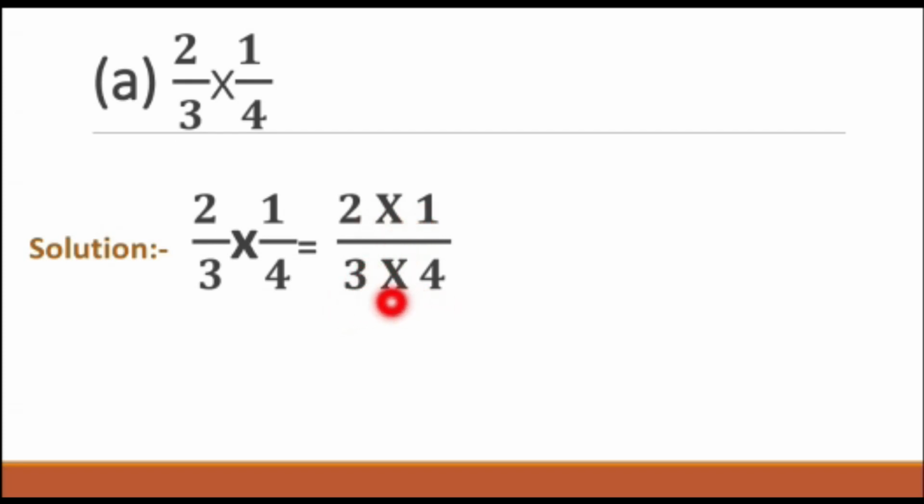So first we need to see that here 2 and 4 can be divisible. So we need to divide this, okay, by 2. So we can see that 2 ones are 2 and 2 twos are 4, right. Now we will multiply directly. So 1 ones are 1 and 3 twos are 6. So the answer is 1 by 6.